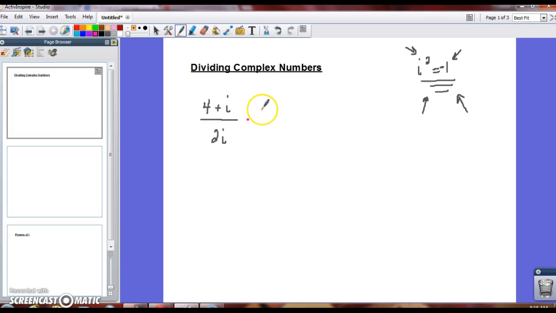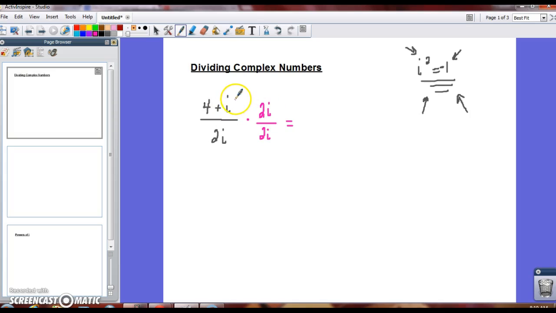So I'm going to multiply the top and the bottom by 2i. Now I could just multiply the top and the bottom by i, but I like to do it this way because I think it's actually easier. Okay, so now when you multiply two fractions together, you're going to multiply your numerators together and you're going to multiply your denominators together.